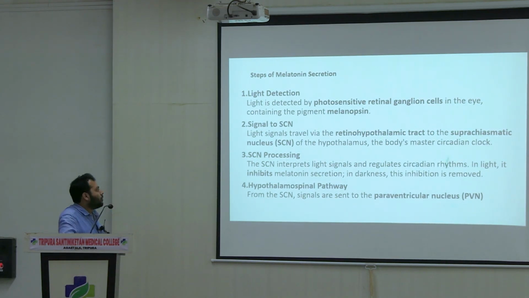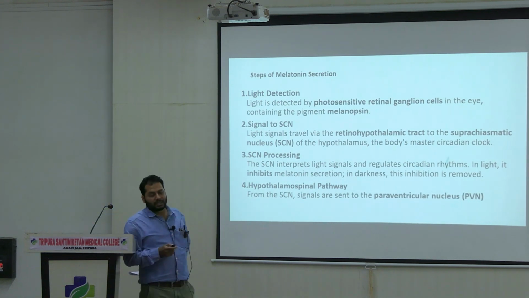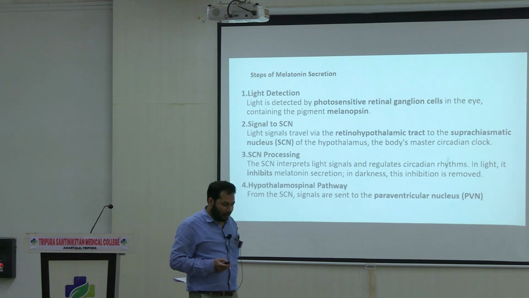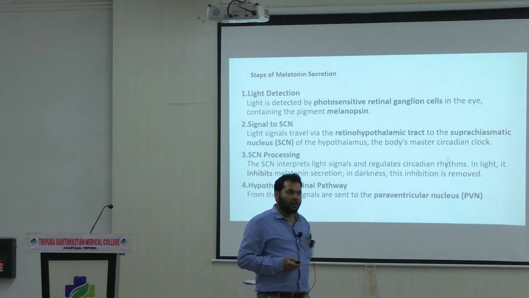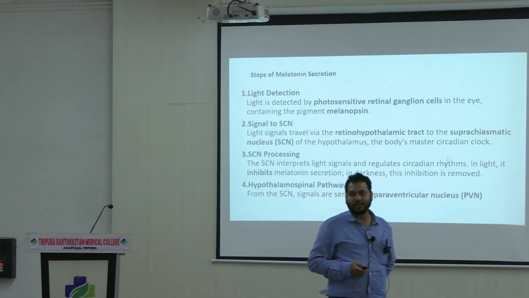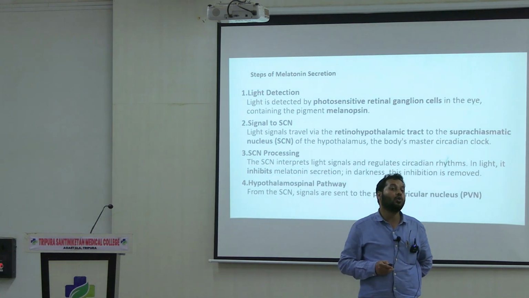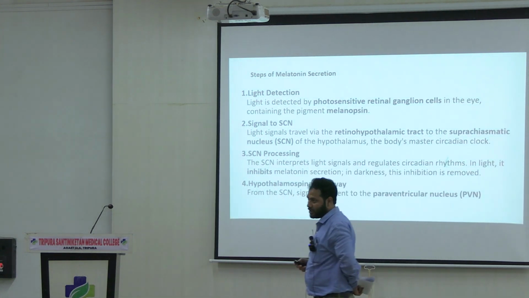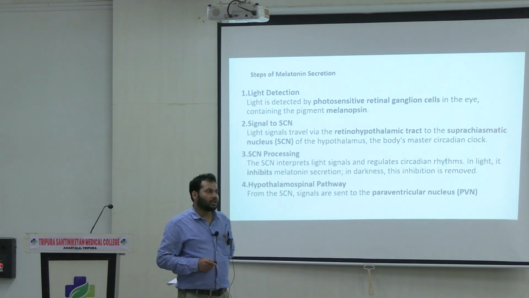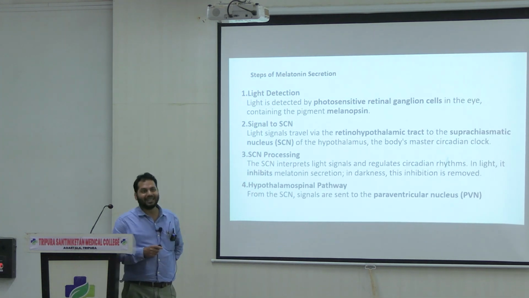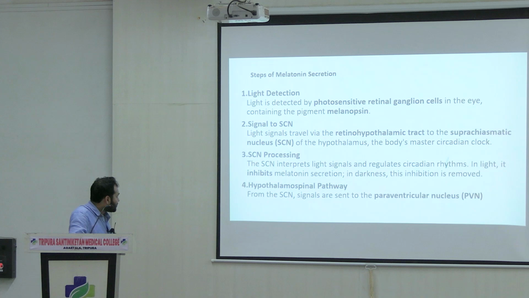This is the master of circadian rhythm. Here, this circadian clock is actually influenced not only by melatonin. There are several other factors that can also influence the circadian clock or rhythms, but the most important role is played by melatonin.